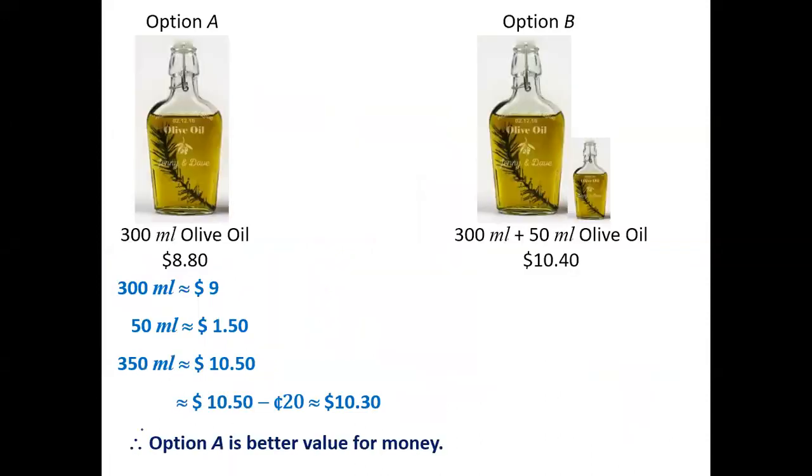Again, we have to do it one by one. Here, 300 milliliter is $9, and 350 milliliter is 10.5. So you have to compare them in one idea here, right? How do you subtract the 20 cents? Because 8.8 was increased to 9, you subtract 20 cents.